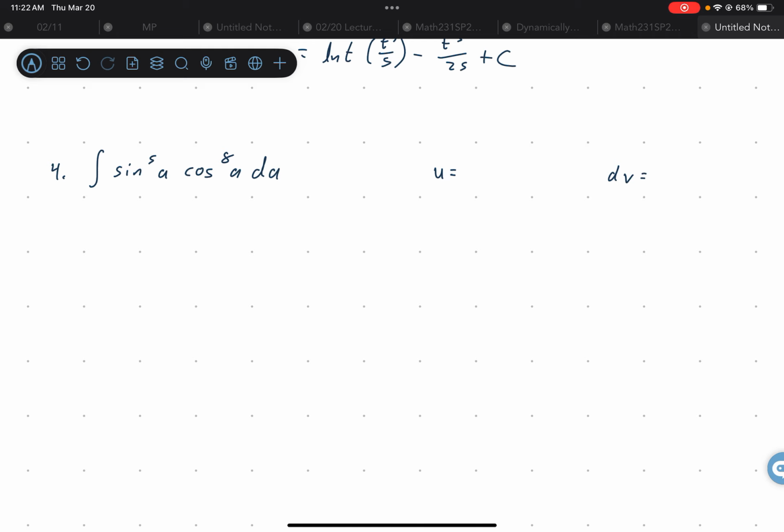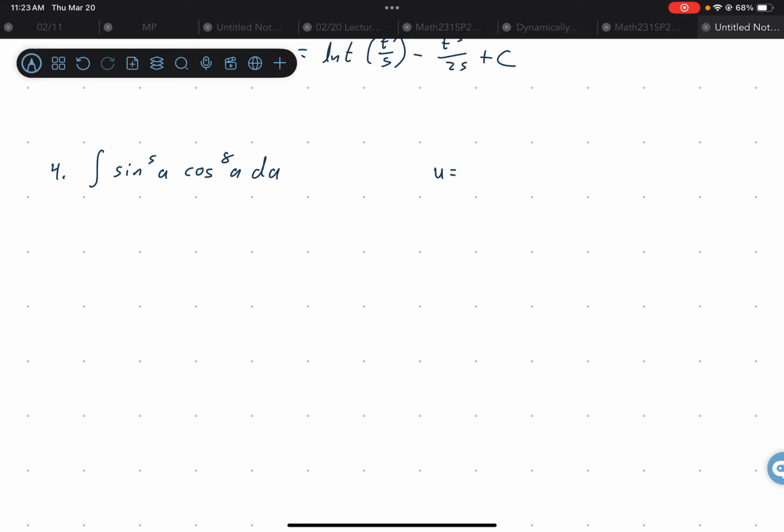In this case, it usually makes sense to make our u the term with the higher exponent. And the other thing to note that goes hand in hand with this is if you have sine functions and cosine functions, when you substitute in, actually, I'm sorry, we're not going to use integration by parts.